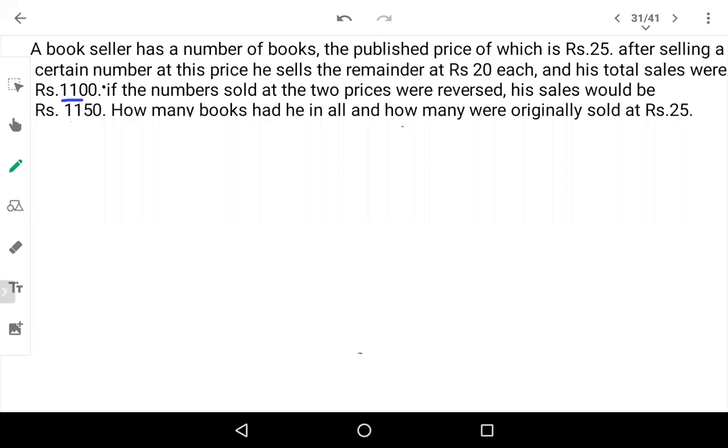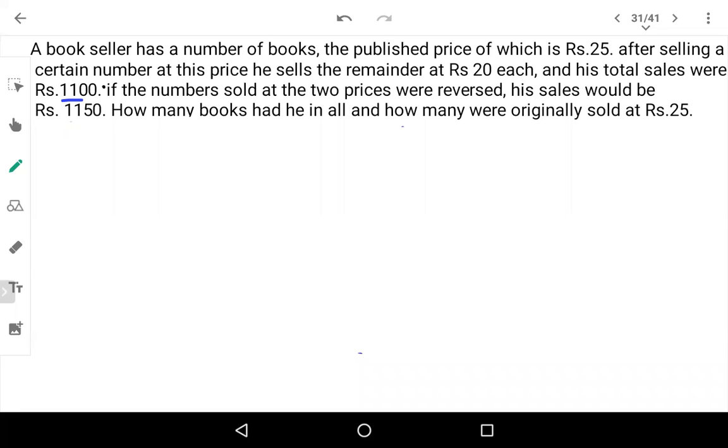Now read the question. The bookseller has a number of books and published price of which is rupees 25. After selling a certain number, okay, after selling a certain number, what did he do?